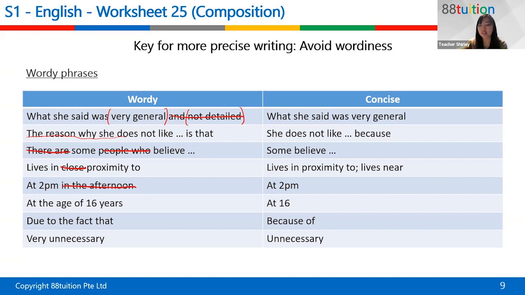At the age of 16, so just at 16. Due to the fact, you can actually change it to because of. We also have a habit of using a lot of very, like very, very much, very, very unnecessary. Okay, very. So you can actually just write unnecessary.